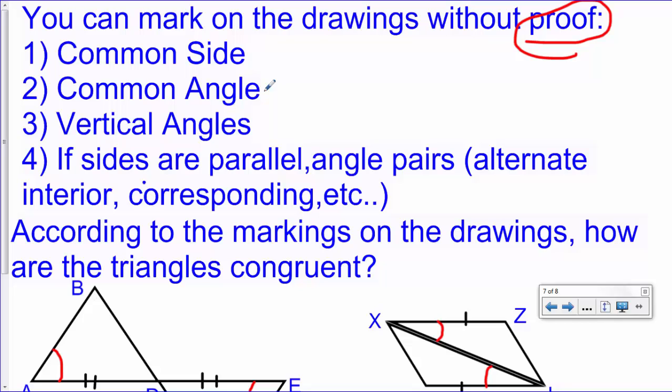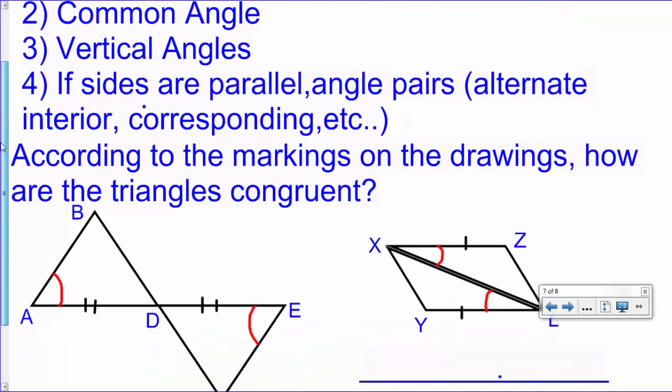It's a smaller version of our transitive property that we've already learned. We are allowed to mark vertical angles congruent, and if we're given sides parallel in a picture, we're allowed to mark angle pairs congruent. So that would be the ones that we just studied: alternate interior angles, corresponding, alternate exterior angles, and so on. According to the markings on the drawing in this example, how are the triangles congruent?